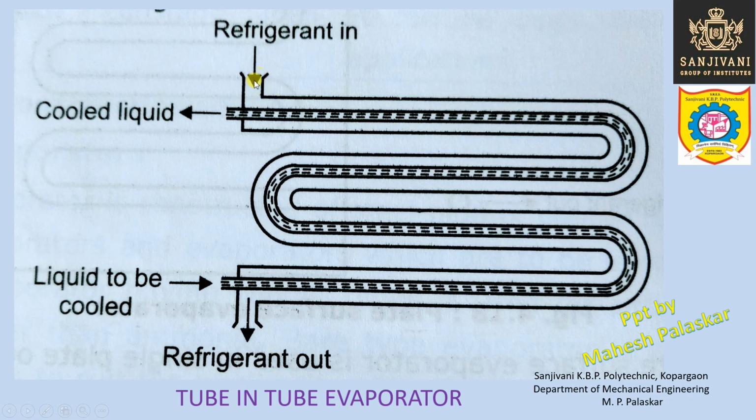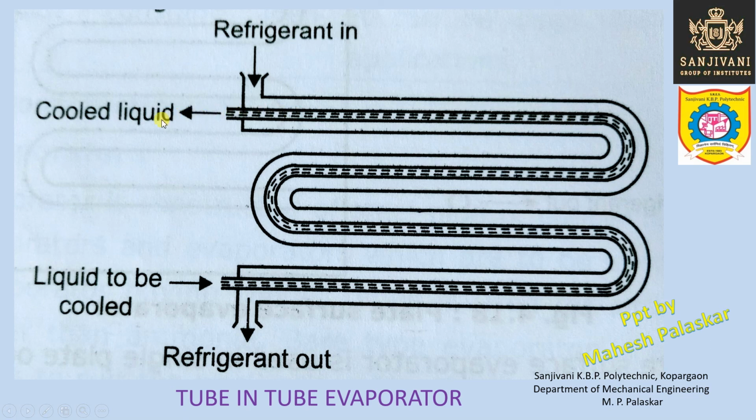Previously here the refrigerant is liquid. The liquid refrigerant will absorb the heat from this particular liquid or water which is present inside the inner tube, and thus the refrigerant gets evaporated and this refrigerant vapor or the evaporated refrigerant will leave this particular larger coil, okay, and due to that, since the heat of evaporation is absorbed by the refrigerant from this liquid water which is flowing through the inner tube, this water gets chilled or this fluid gets cooled, right?